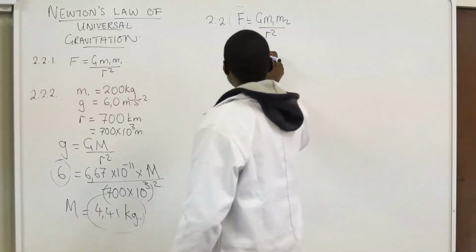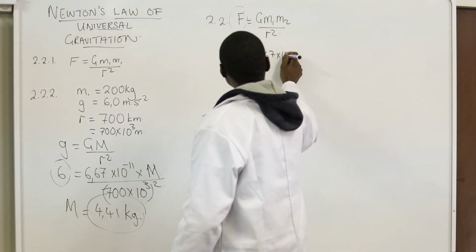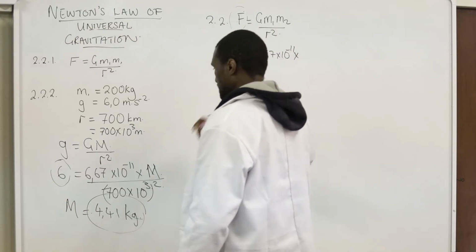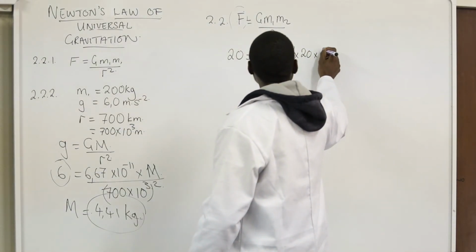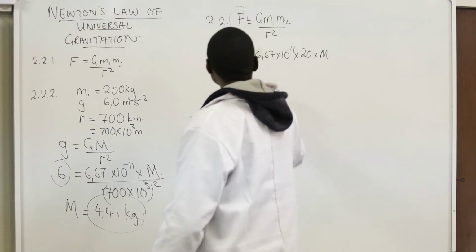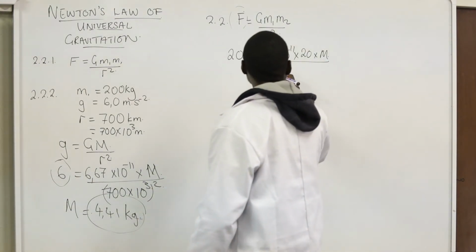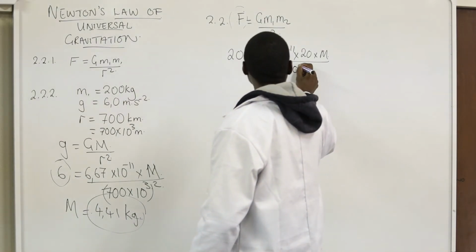Multiplied by 6,67 times 10 to the power negative 11 times the mass of the object 20 times the mass of the planet divided by the distance, which is in meters, so I'm fine, 6 times 10 to the power 5 all squared.